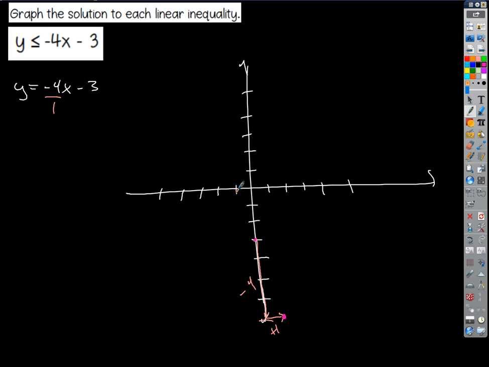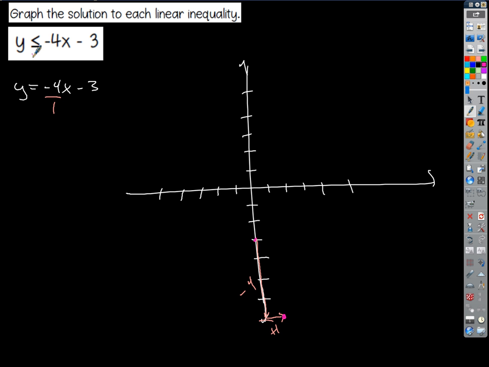Okay. Now, in this case, this says y is less than or equal to. Well, y equals negative 4x minus 3 is the line. So the boundary line is included in the part that I'm going to graph, right? Do you remember that that means I'm going to make a solid line, right? What if it had just been like y is less than?